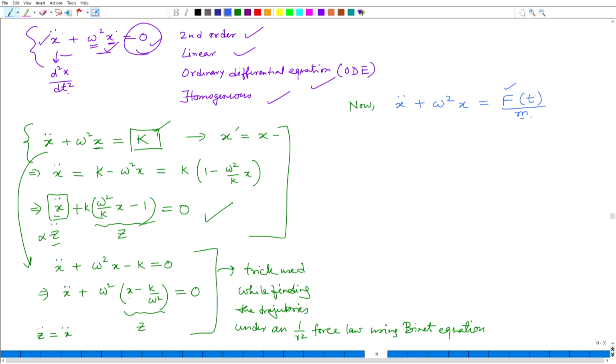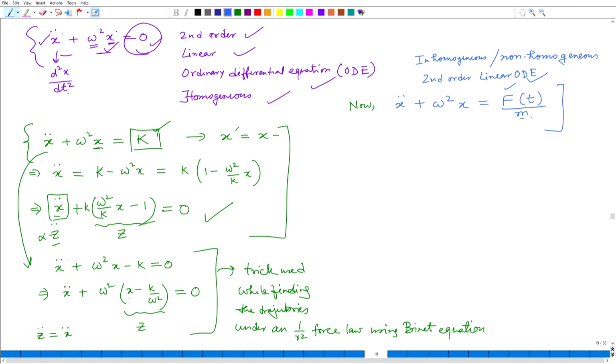So, if you have this, then this is an equation where the right hand side is not a constant and it is not 0. So, this is not a homogeneous equation. So, this is inhomogeneous, or sometimes we also say non-homogeneous, and the non-homogeneous vocabulary you will see often: non-homogeneous second order linear ODE.